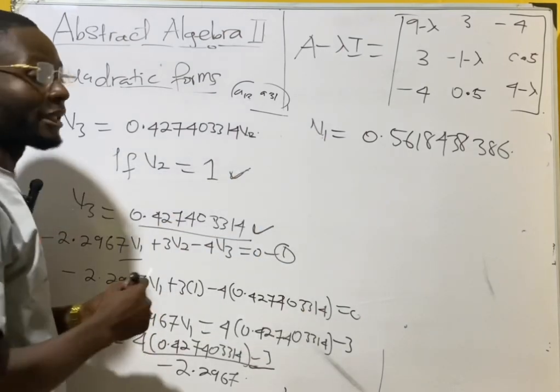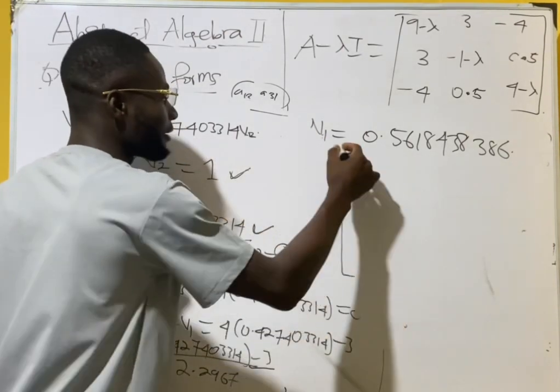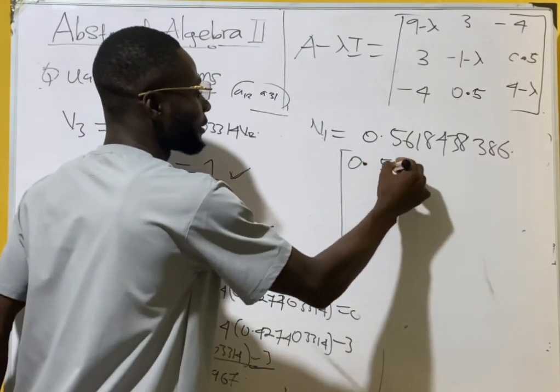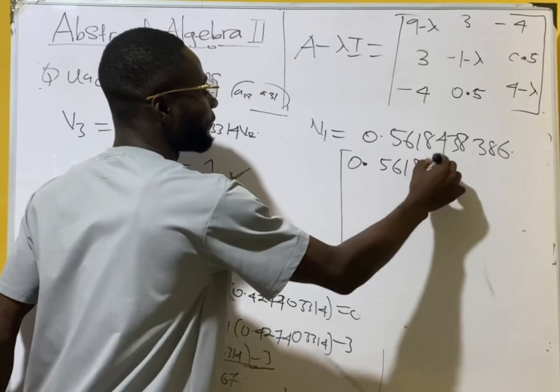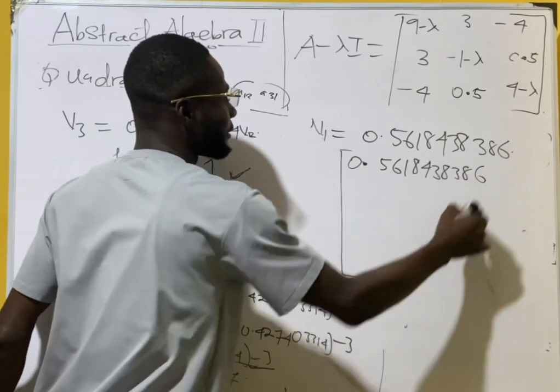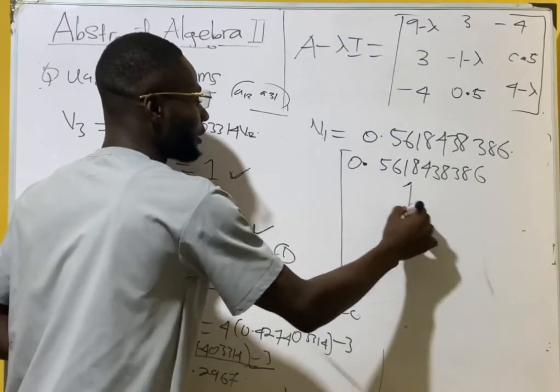V1. So we can see that our eigenvector is giving us 0.561843886, and then our V2 is 1.